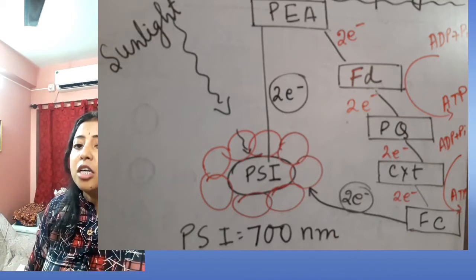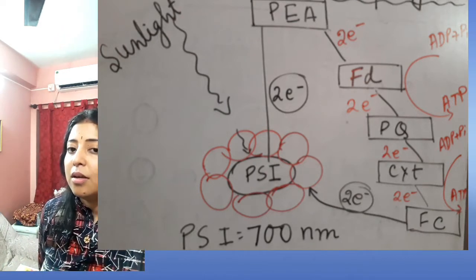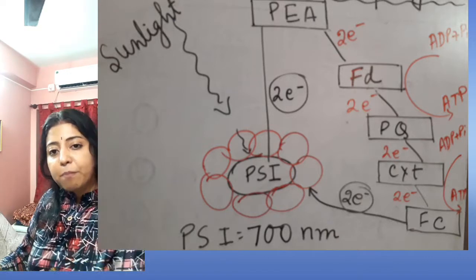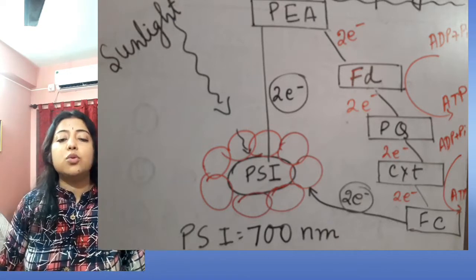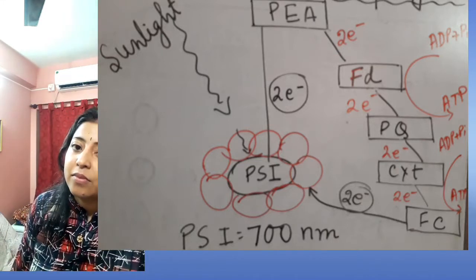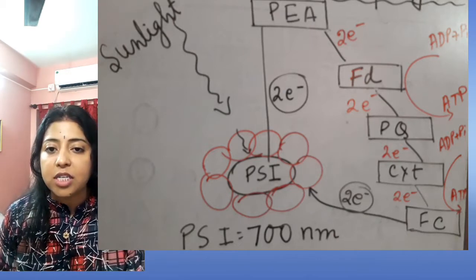So here a total of 2 moles of ATP will be produced. After that, electrons from PC will be passing to the reaction center PS1 again. So it is known as cyclic photophosphorylation.